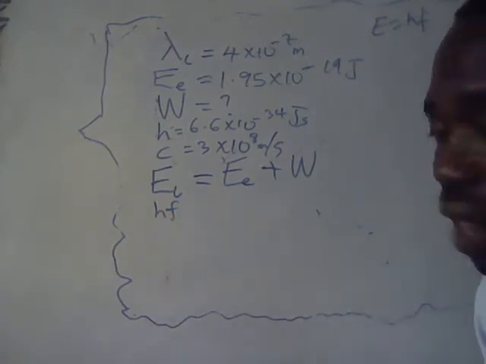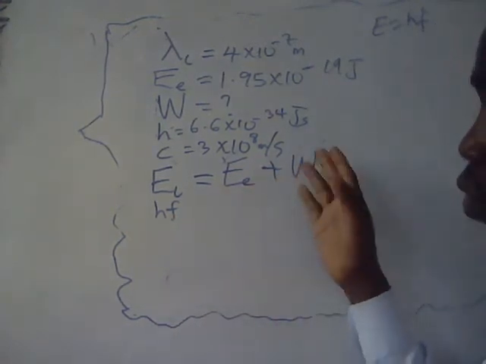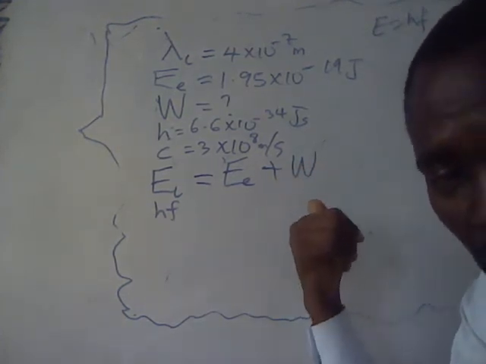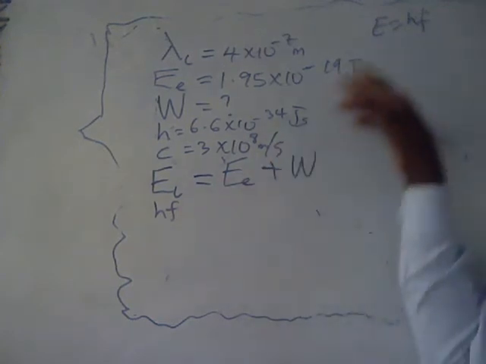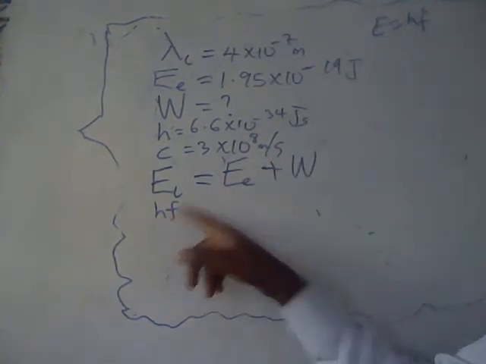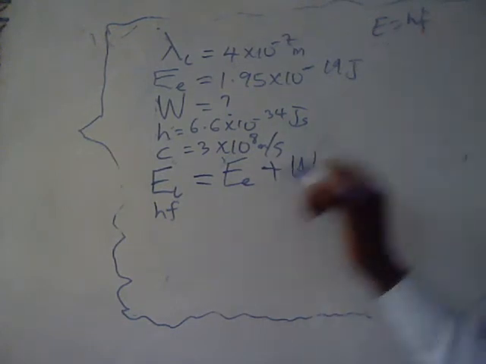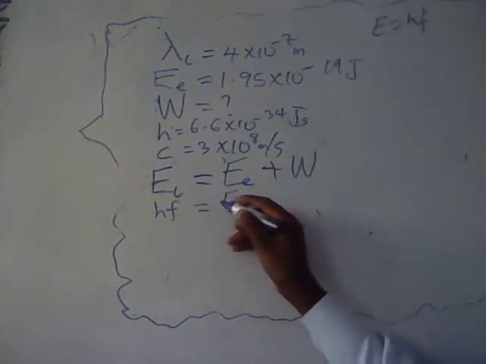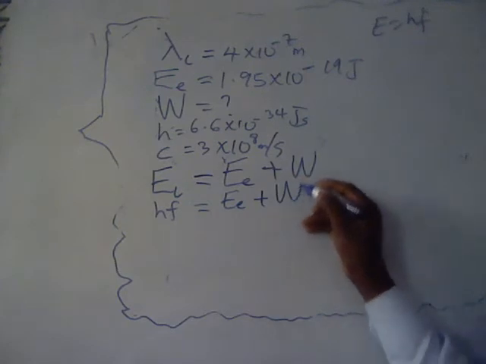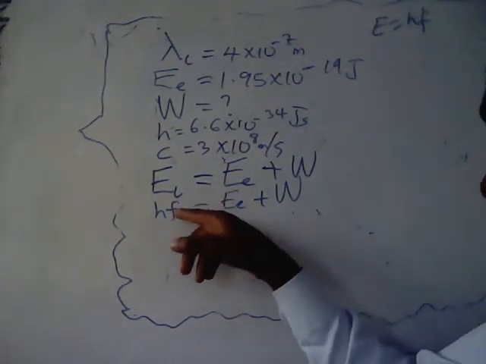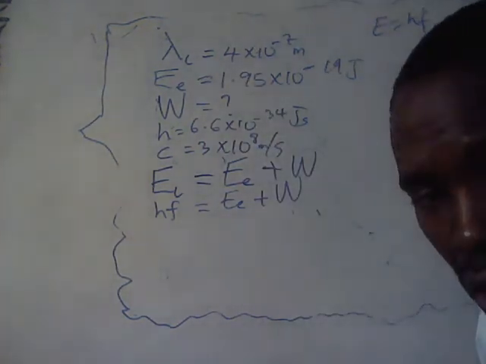Frequency of the incident light is different from the frequency of the metal itself, the work function. So in hf, we're not given the frequency. We replace it with, remember that, energy of the electrons plus work function. Now the frequency of the incident light is not given in the question.